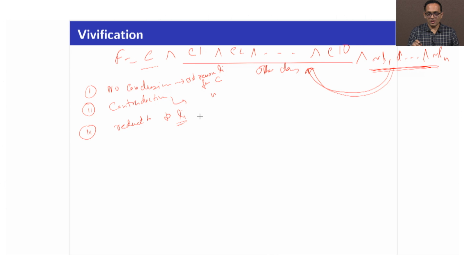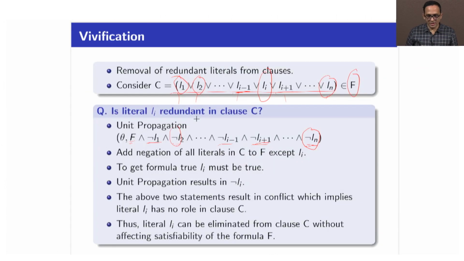It means that when I assume all of L1, L2, L3, up to Ln, except Li, as false, the rest of the formula reduces to Li. That demands that if Li is true, then the rest of the formula will be true. Also, because I have taken the negation of L1, L2 and so on, if I do the unit propagation, this clause C will also reduce to Li.